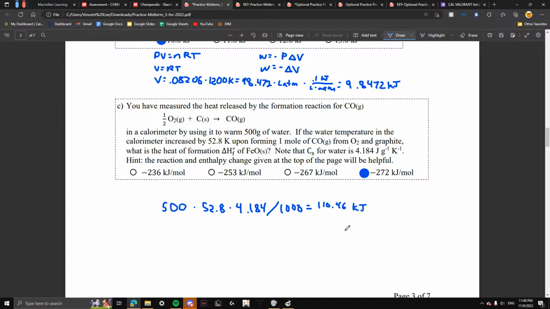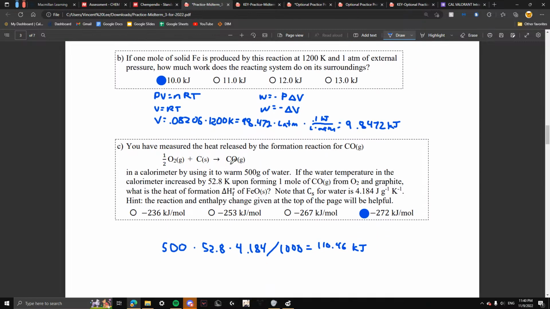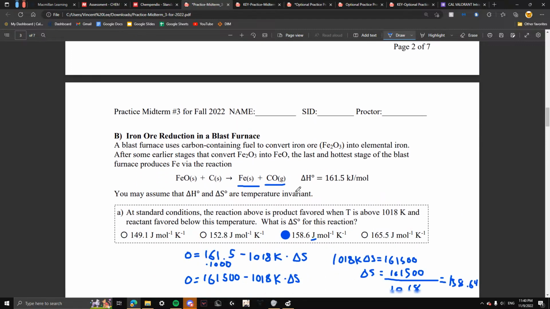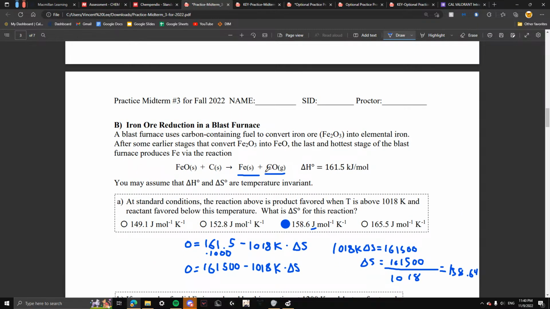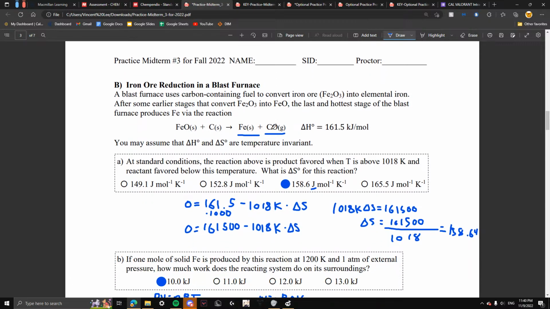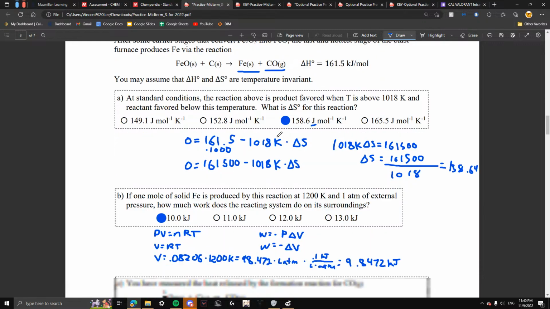But we're not there yet, because this is the energy that the system did to the water to make it go up this amount. But we know that this reaction happened because it produced carbon monoxide, and carbon monoxide is a product here. So what I did is I just assumed, okay, delta H total is literally products minus reactants, right?